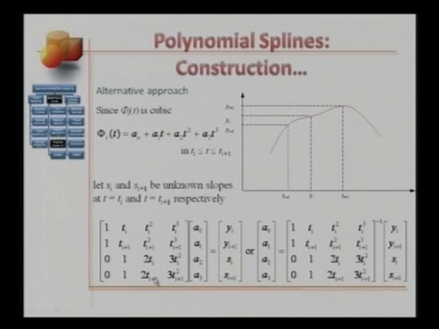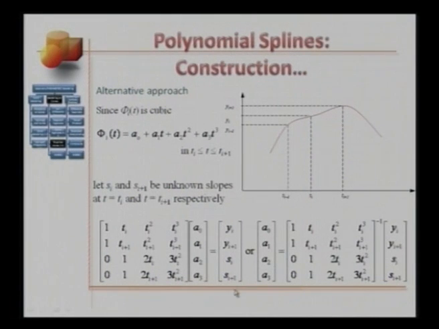These two terms will be corresponding to t i and t i plus 1 times 2, first differentiation of this term. And these two terms here would be corresponding to the first differentiation of this term here for values of t i and t i plus 1. This is a column vector comprising unknown coefficients, and these are the respective y and y plus 1 values here, and also the values of the two slopes, s i and s i plus 1.